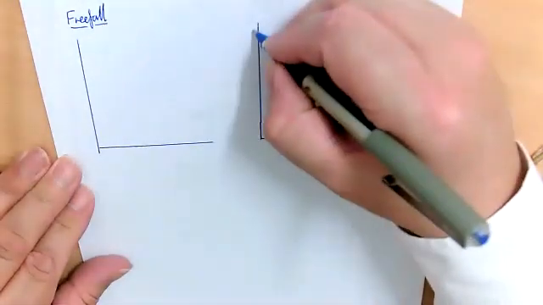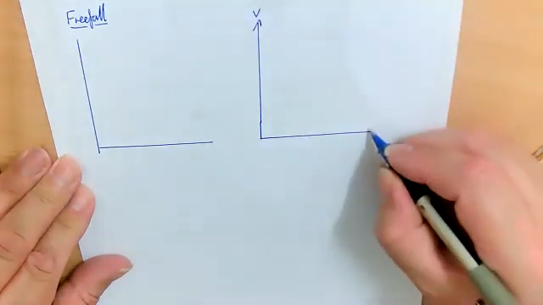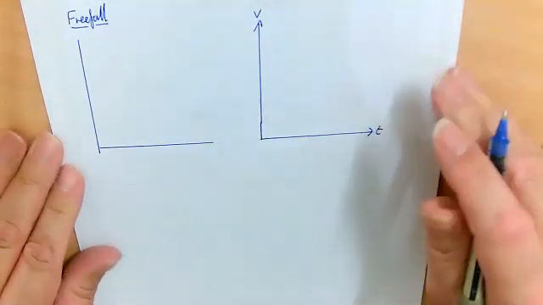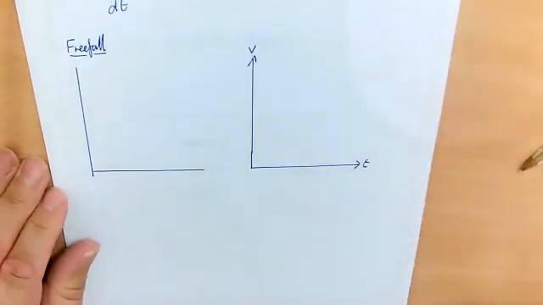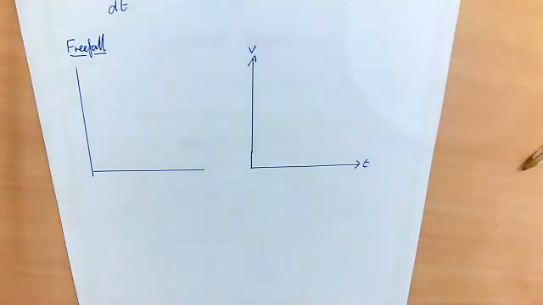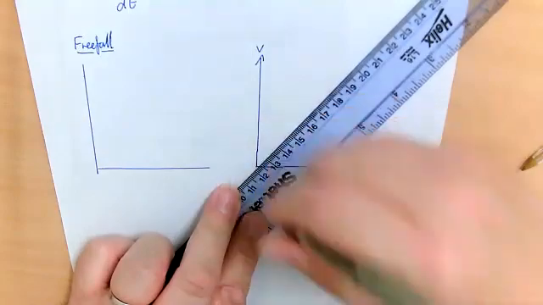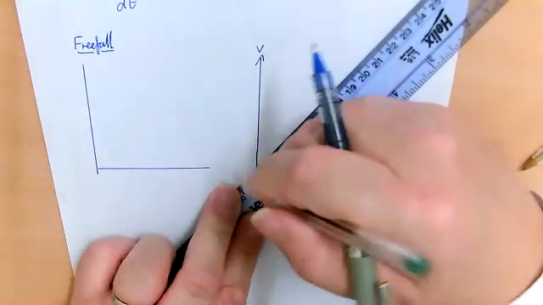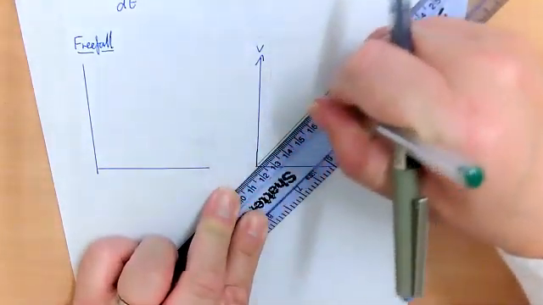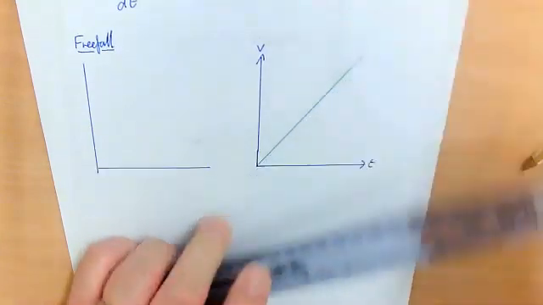So if I draw a velocity time graph for free fall, obviously everything falling under gravity, if there's no air resistance, it will have a constant acceleration. So if we have no air resistance, we would have a graph that looks something like that.